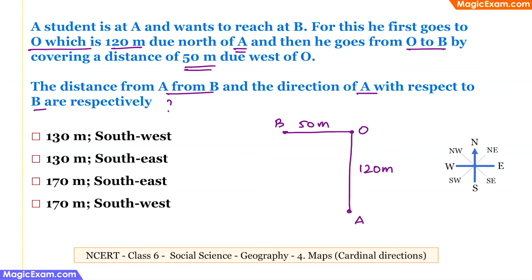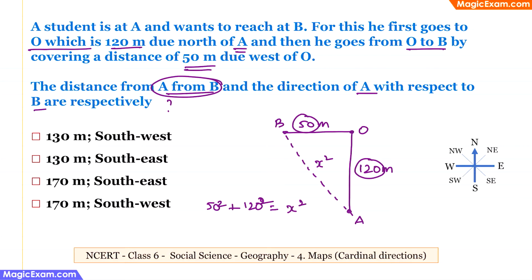So first let us calculate the distance from A to B. So we have to calculate the distance from A to B. Now if you see, this is a right angle triangle. Therefore 50 square plus 120 square is equal to x square, if we take x as the distance between A and B, right?